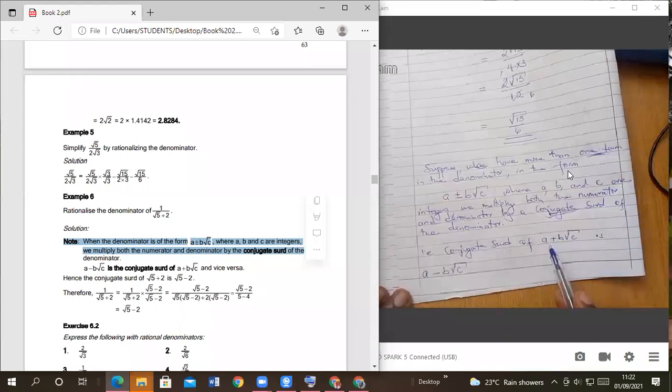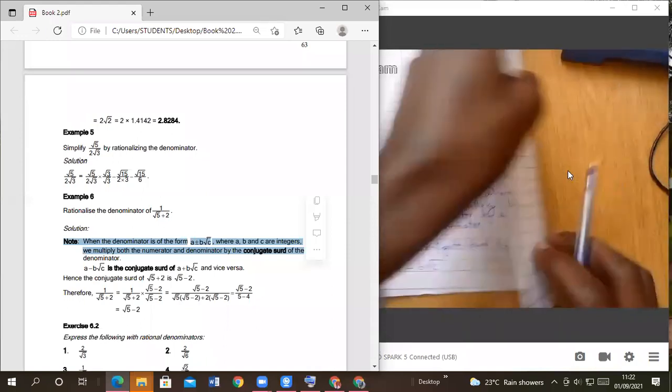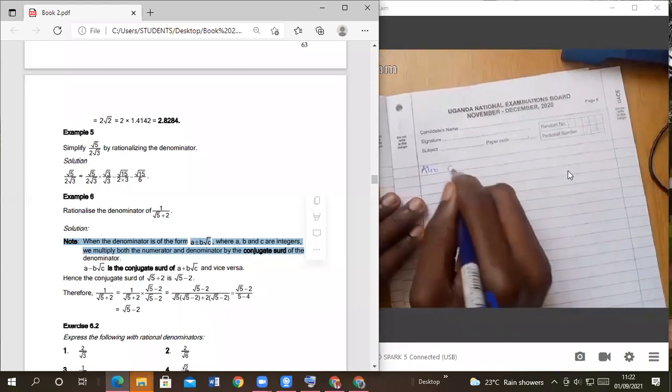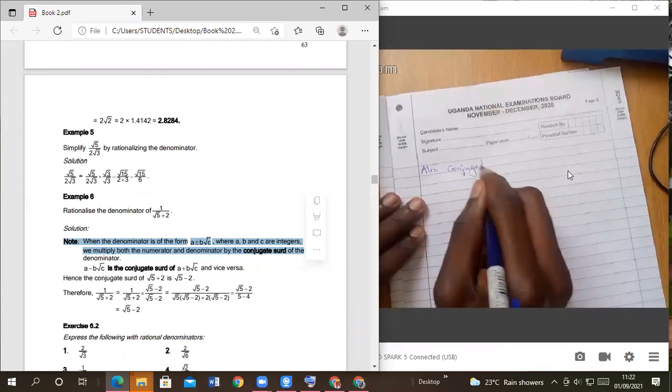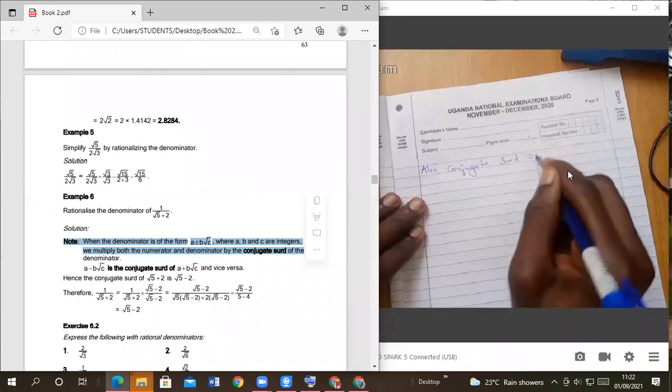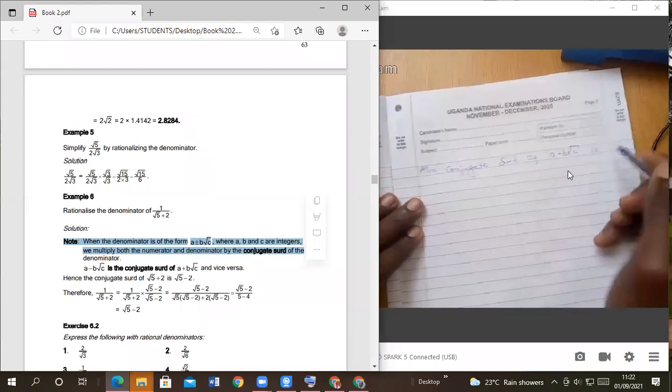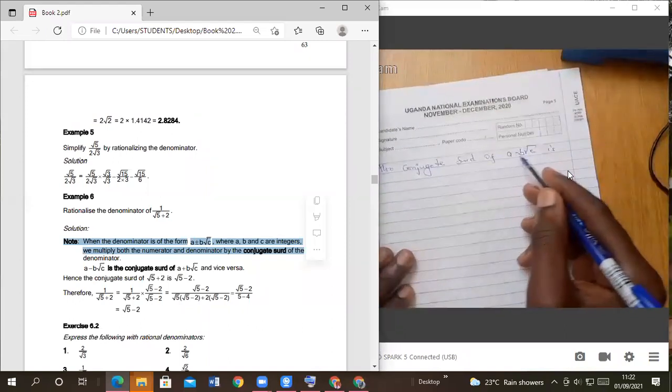Are we together, members? Yes, teacher. We change the sign. If here is a plus, we change it to minus. Also, the conjugate side of a minus b root of c, what will be the conjugate of this?